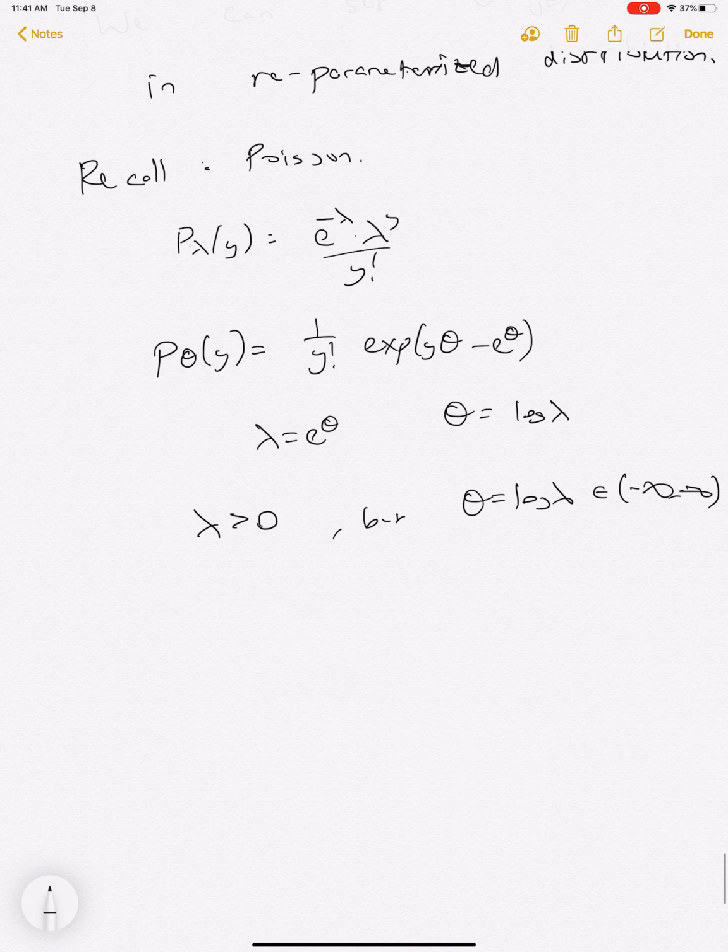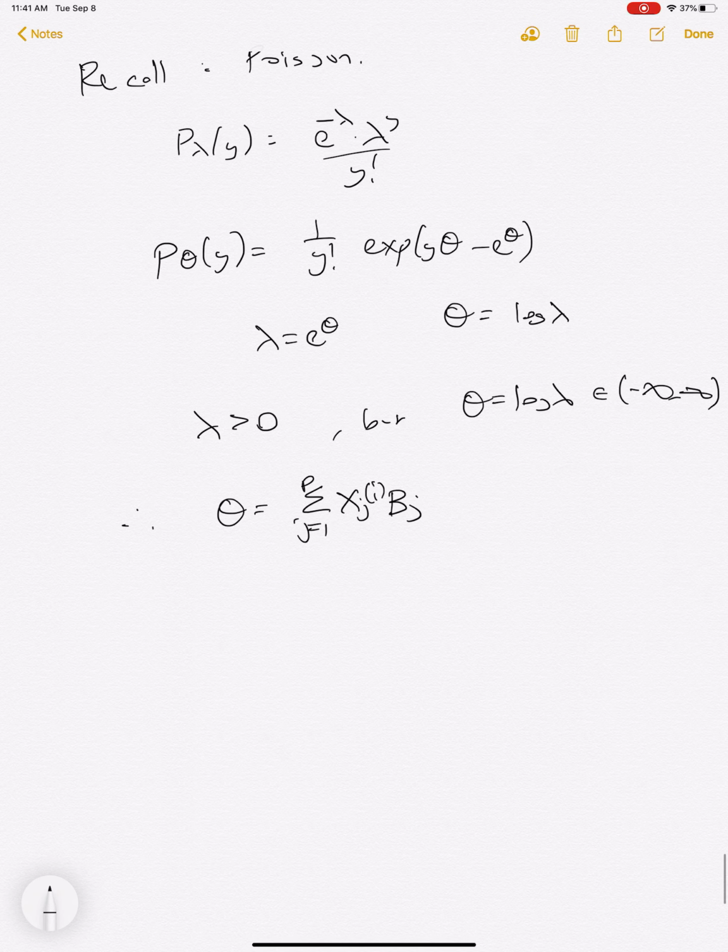So therefore once again we can set theta like this, and this is reasonable since there is no restriction on the range of theta.